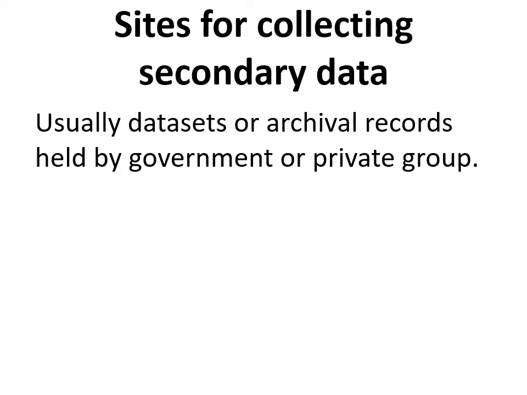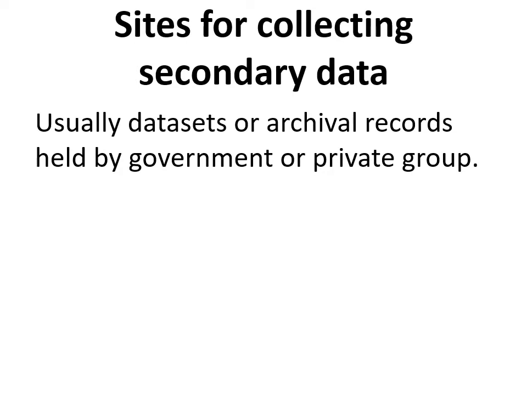or trade associations or professional organizations will often have an archive that provides primary data on, well, let's stick with that for a second. So you can find archives that will have data about how a particular firm behaved over time, if you were interested in firms.